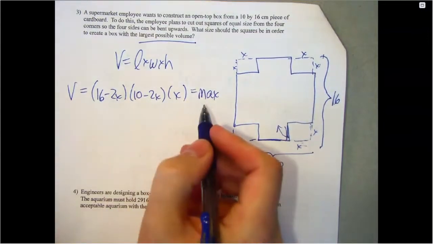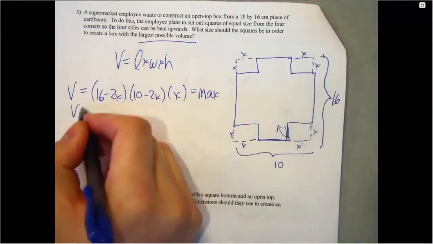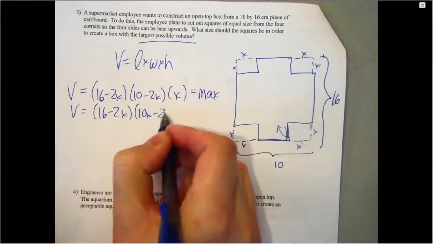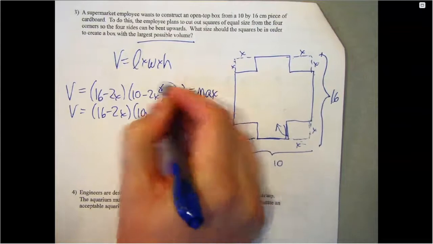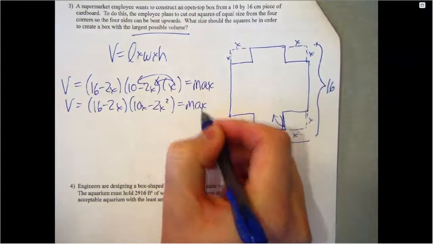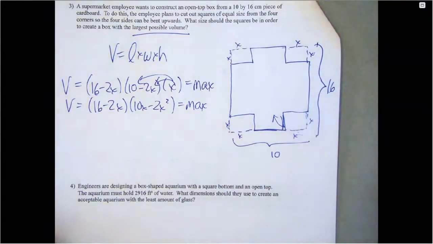So I think I would probably make this 16 minus 2x times 10x minus 2x squared. So I'd do this distributive property first, and then FOIL.